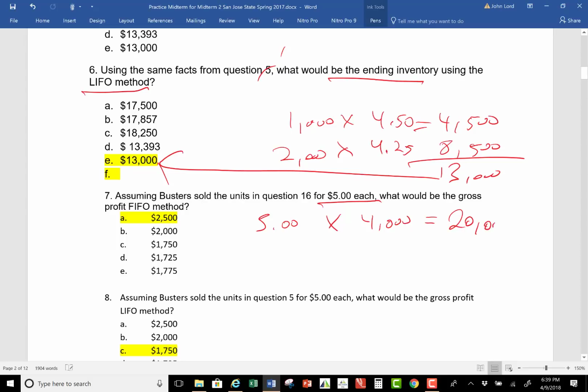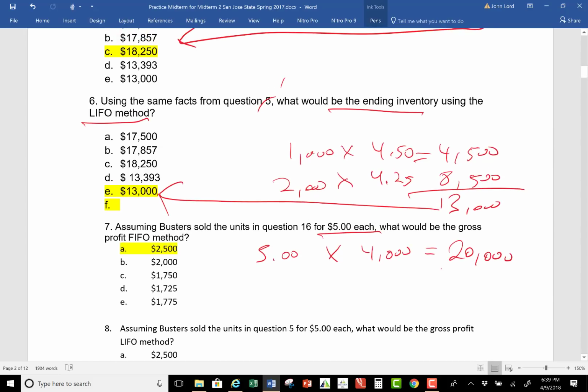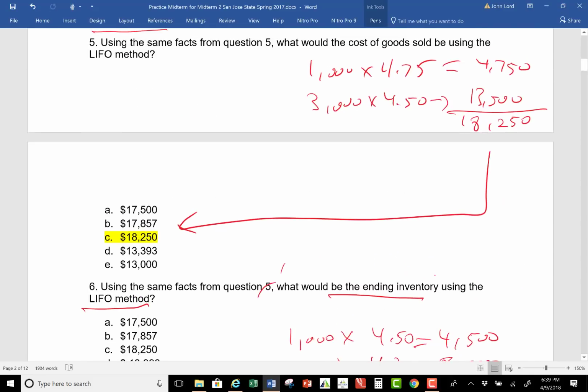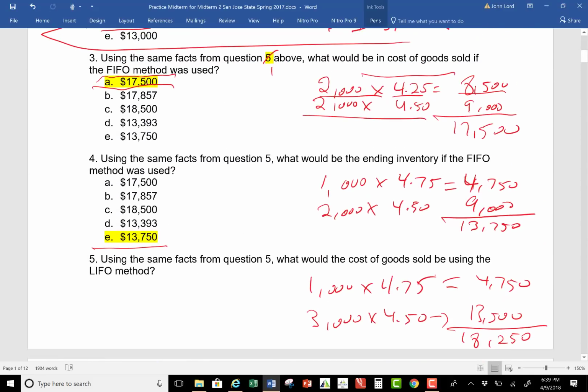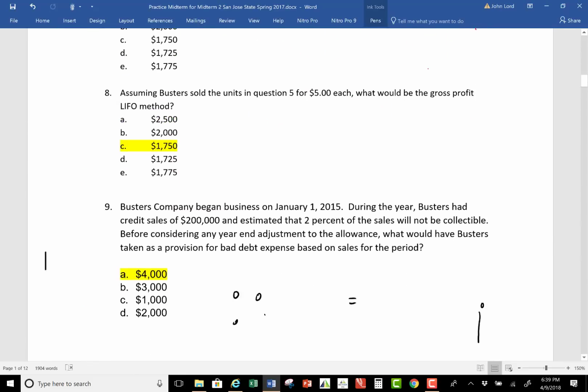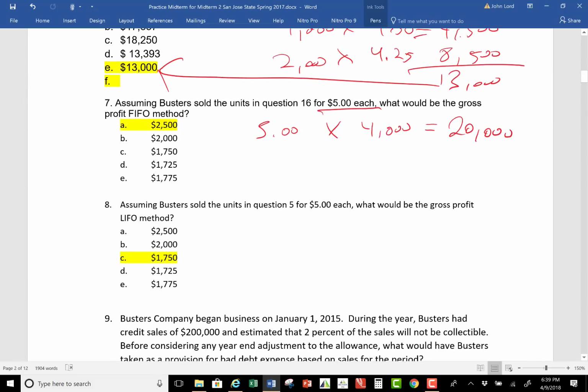Yep. My FIFO cost of goods sold was 17,500. Okay, so I subtract off that 17,500 from the 20,000. That's my sales.